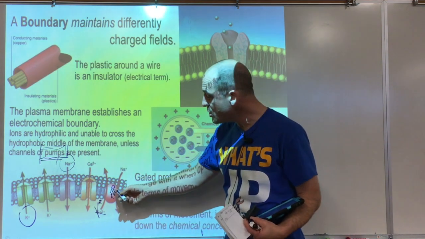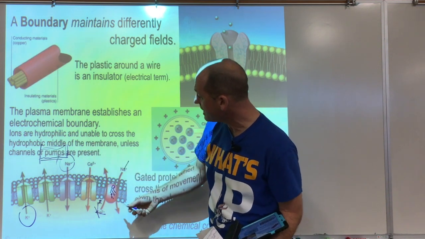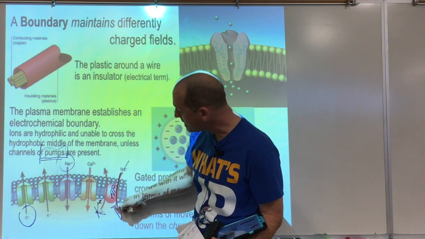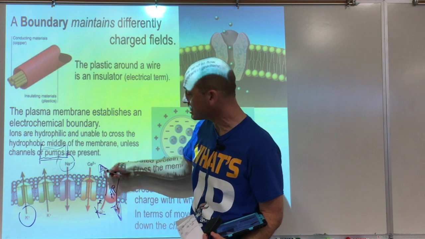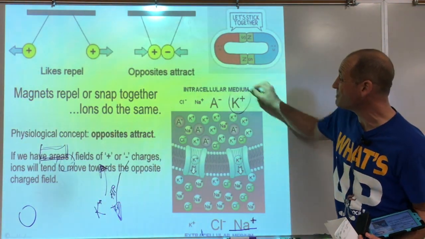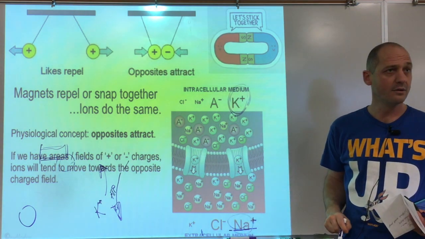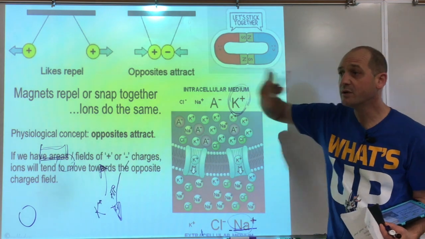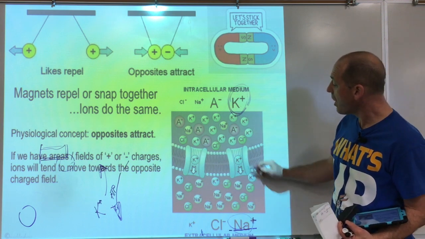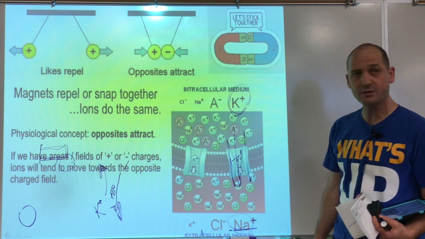So those pumps can be used to push all the sodium to one side, and all the potassium to the other side, and we can establish a gradient: a lot of potassium on the inside of the cell, and a lot of sodium on the other side, because we push it actively to those sides. And then, if we open a channel that is passive, it will all flow out real fast.